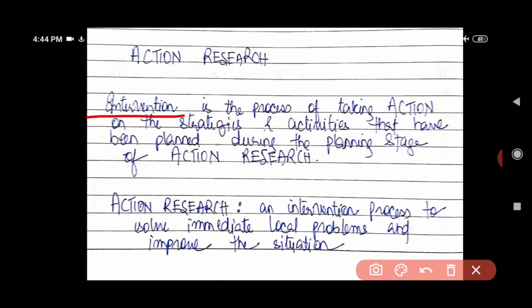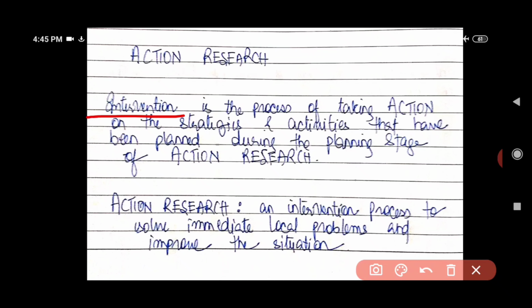Intervention is the process of taking action on the strategies and activities that have been planned during the planning stage of action research. So I've already taught you about action research in one of my previous videos, and if you want to learn about it, then I'll link it in the description box below.